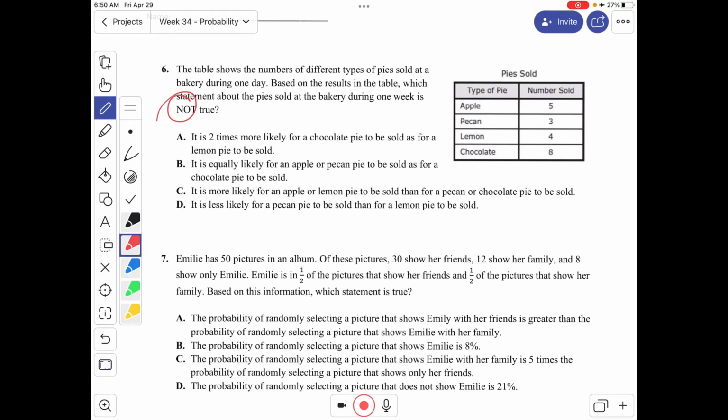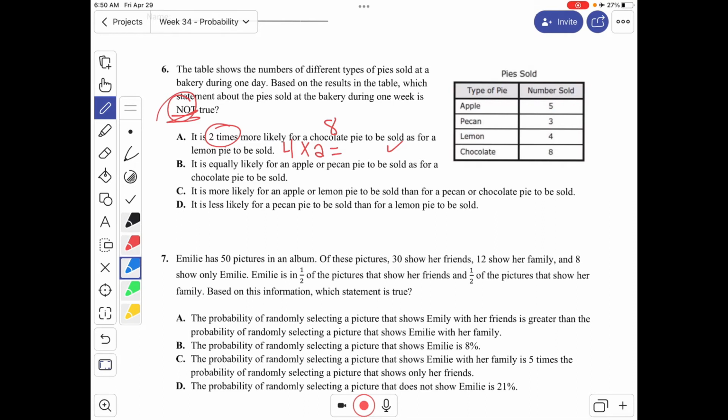A says it is 2 times more likely for a chocolate pie to be sold as for a lemon pie to be sold. Chocolate was 8, and you need to look at lemon. 4 times 2, would that be 8? If it is, then that's not the answer we're looking for.